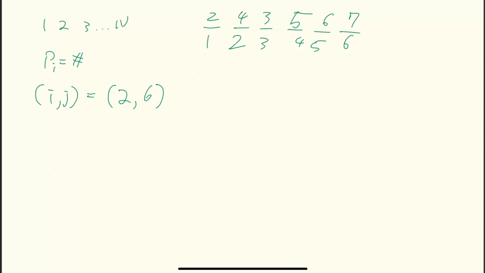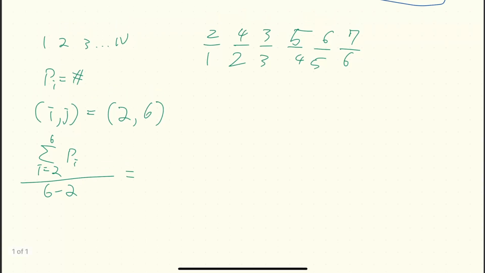The average number of petals here is going to be the sum from i equals 2 all the way to 6 of p of i divided by 2 minus 6, which basically says here we start at 2, so all the way to 6 is going to be 4 plus 3 plus 5 plus 6 plus 7.